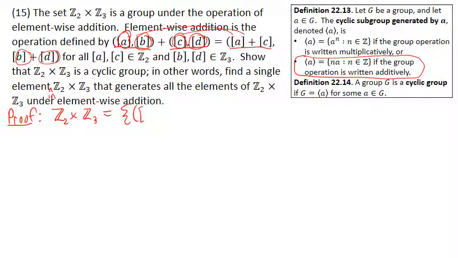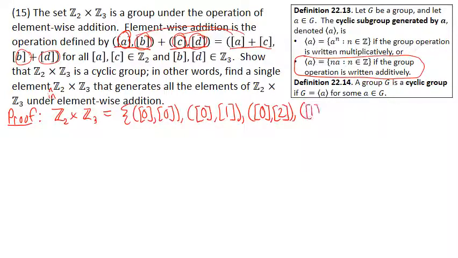It's going to be the following: 0 and 0, 0 and 1, 0 and 2, 1 and 0, 1 and 1, or 1 and 2. Those are all the elements of Z2 cross Z3.